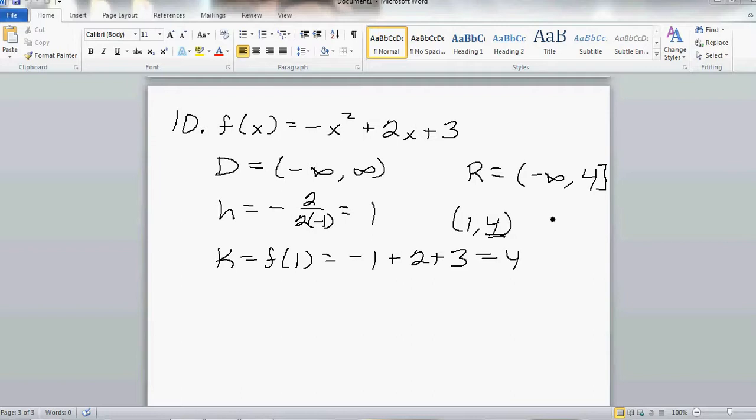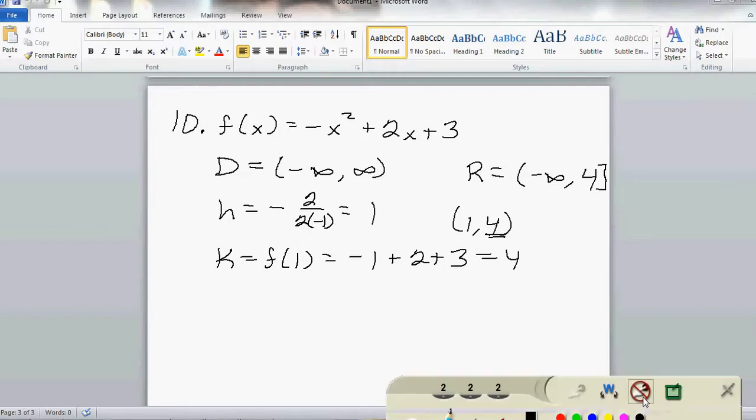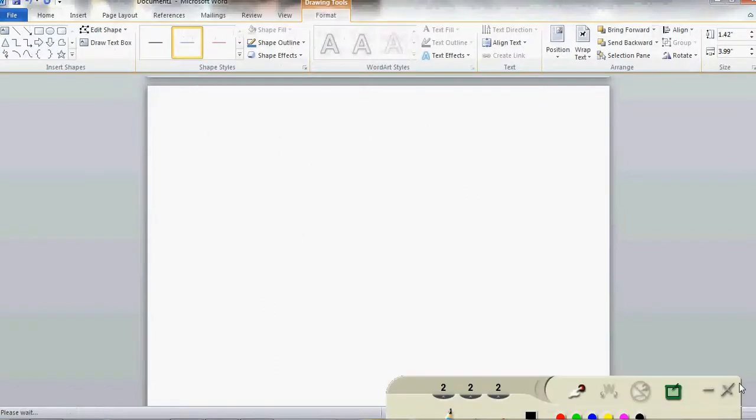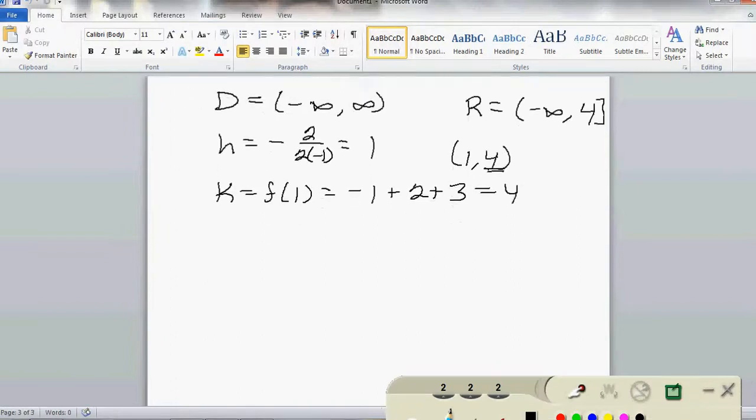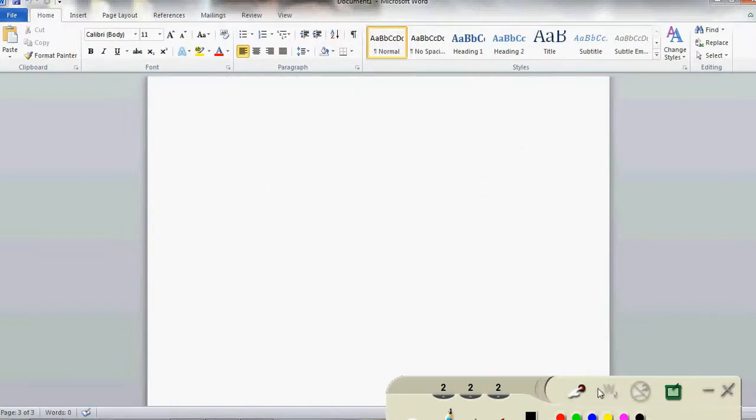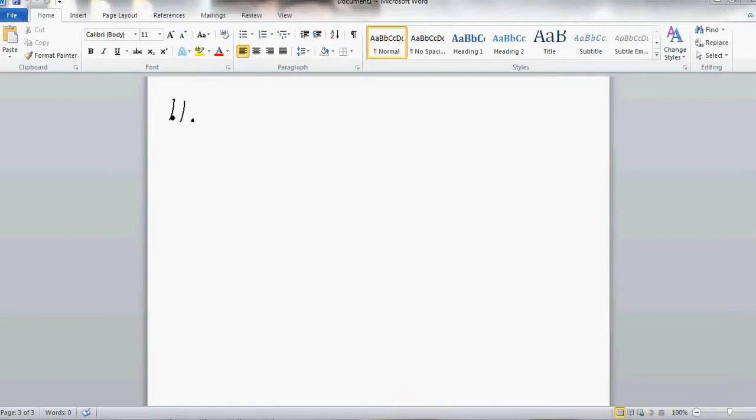Now this does lead right into the next group, problems 11 and 12. We need to determine where the function is increasing and where it is decreasing. Just realize that if we have a maximum, then it's increasing from negative infinity up until the x value of the vertex.